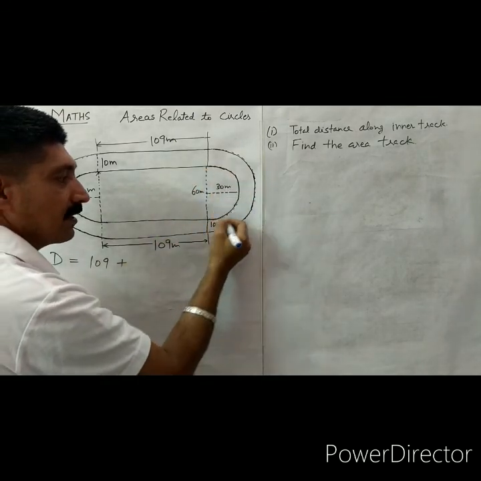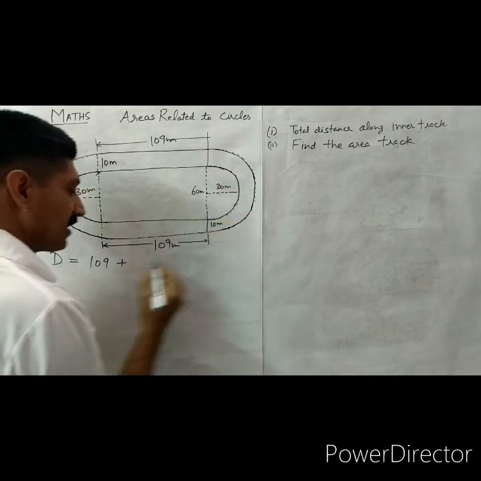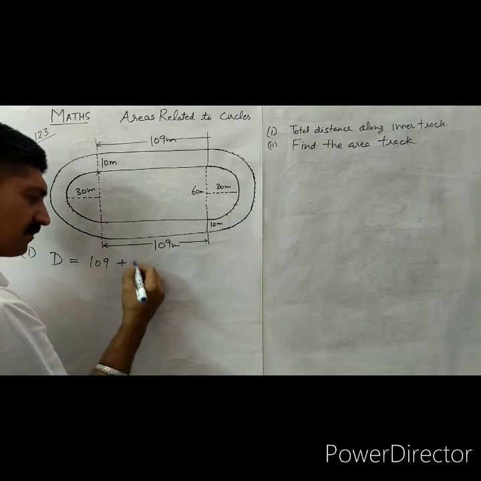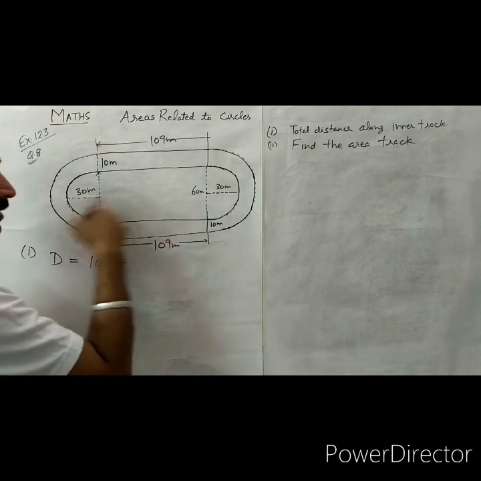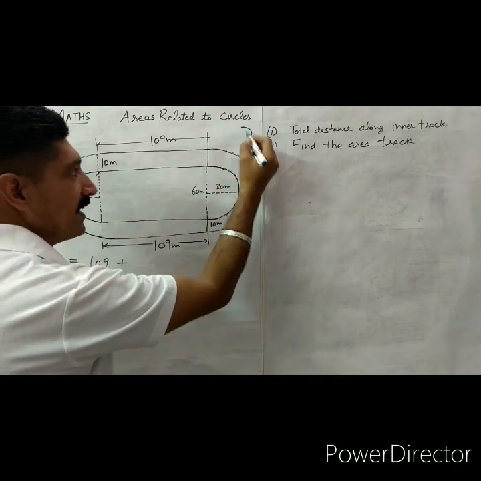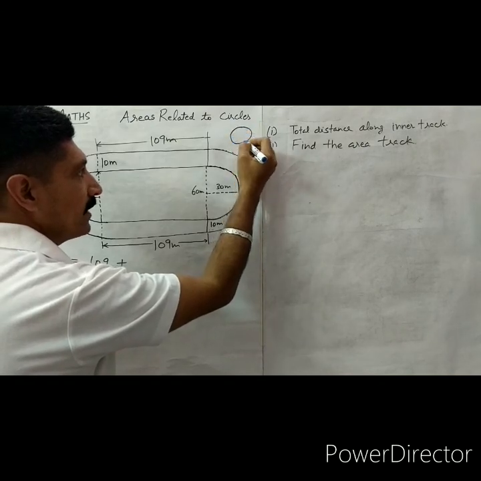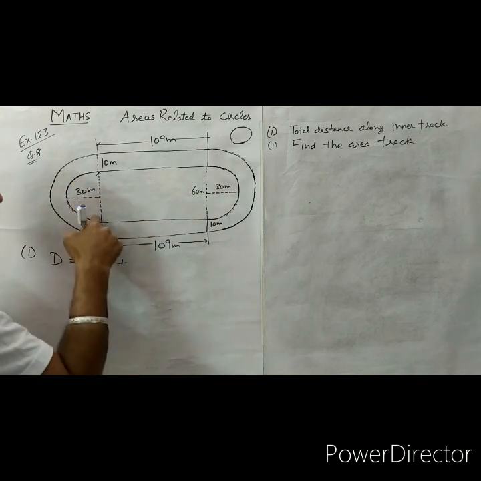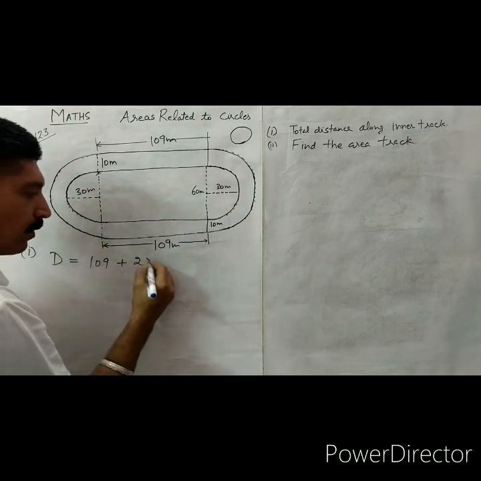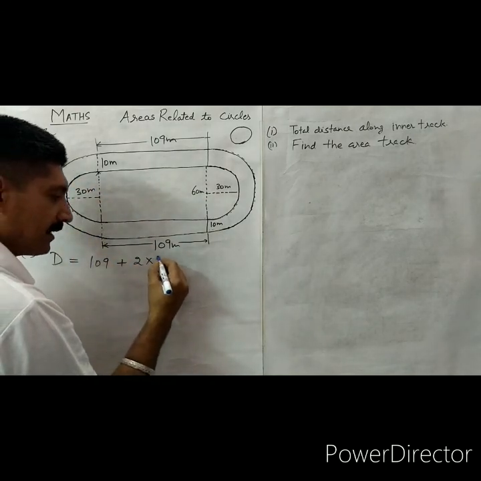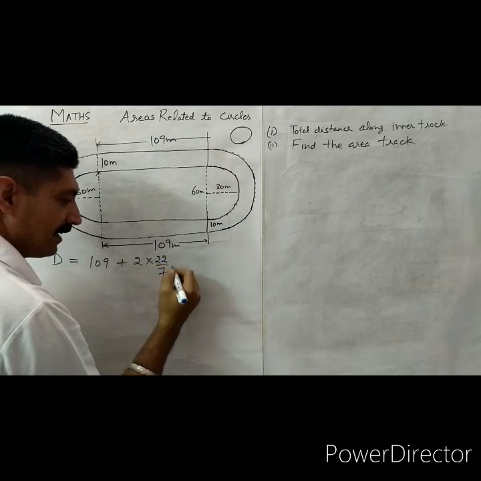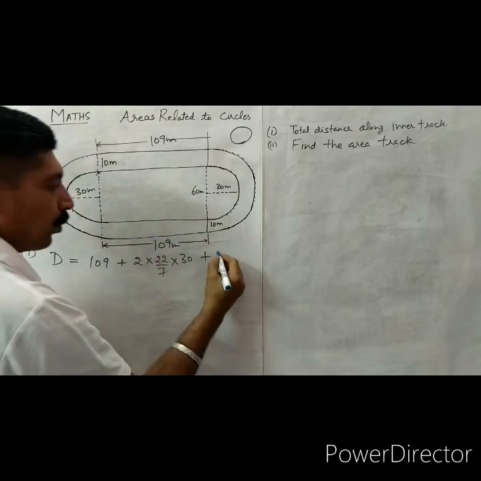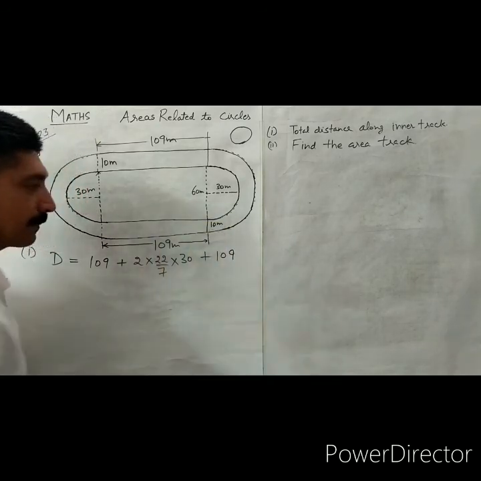The circumference of a semicircle is pi r. Pi is 22/7. Adding both together, one semicircle from this side and one from this side, will make a complete circle. So here we have 2 pi r, pi 22/7, and r is 30 here, plus again 109 meter.